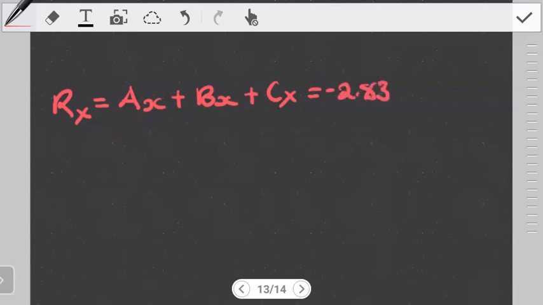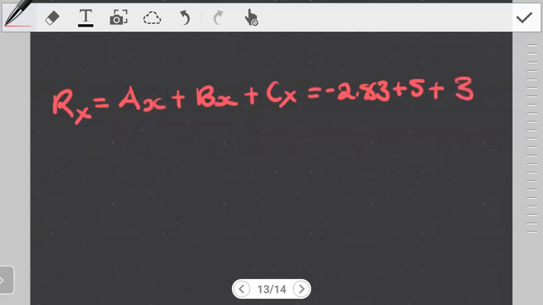Notice that now we're saying that if this is the resultant, to get its x component, we have to add A in x, the x component of A, plus the x component of B, plus the x component of C. So what we have here is the x component of A was negative 2.83 plus the x component of B, this was 5, plus the x component of C, that was 3.